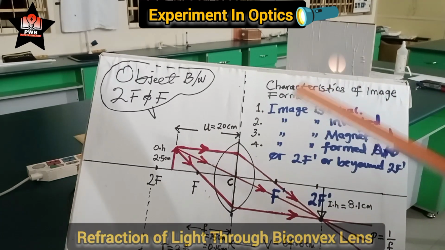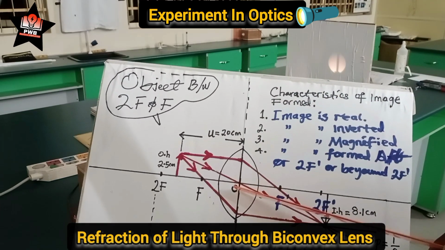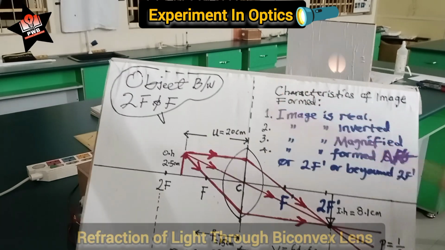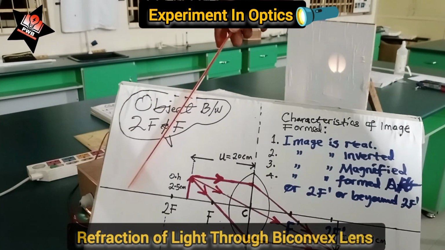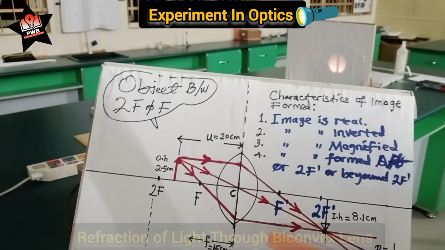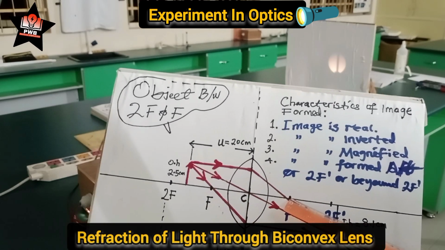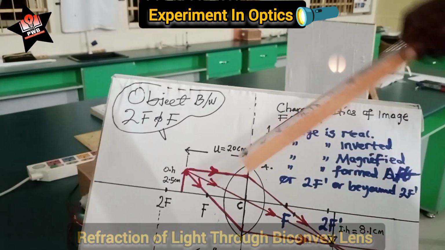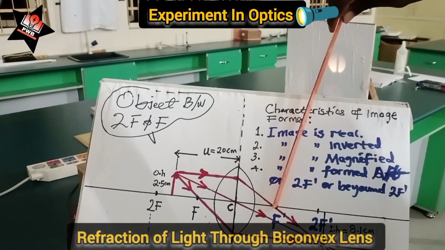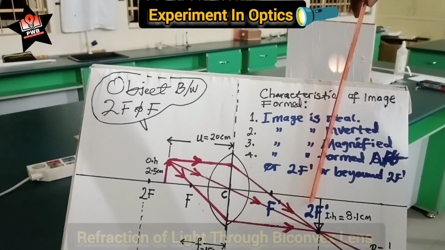Now, your center of curvature is at the center of the lens. So the rays of light are coming from this end. While doing that, the distance from the center of curvature to the focal point here should be the same to 2f. That is, if you are taking from here to here as your 2 cm, from here to here too must be 2 cm.